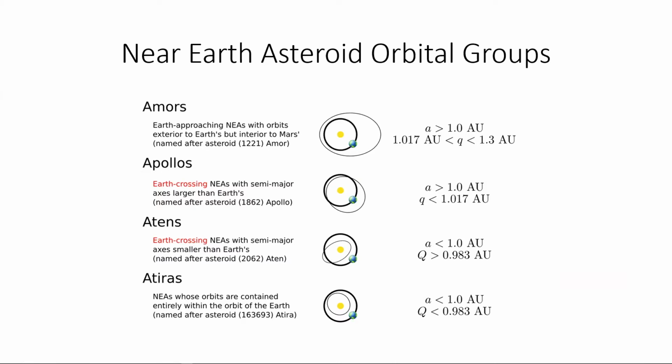Apollos are Earth-crossing near-Earth asteroids, and they have a semi-major axis larger than Earth's. You can see how that orbit crosses us and then goes outside of us. A lot of times this will go all the way out and even go around Mars, so it'll be on the outside of that. It threatens both Earth and Mars.